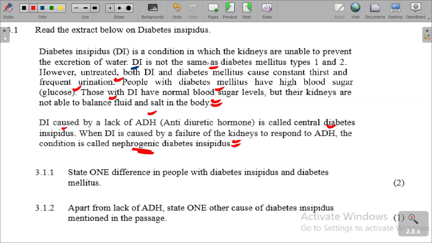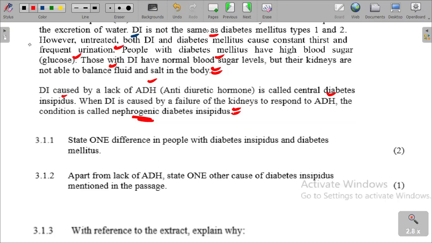So now we want to refer to the question: state one difference in people with diabetes insipidus and diabetes mellitus. I guess this has already been given in our explanation.